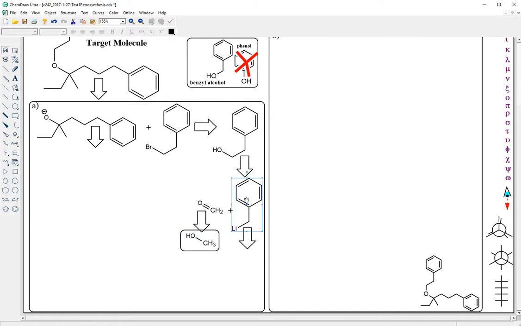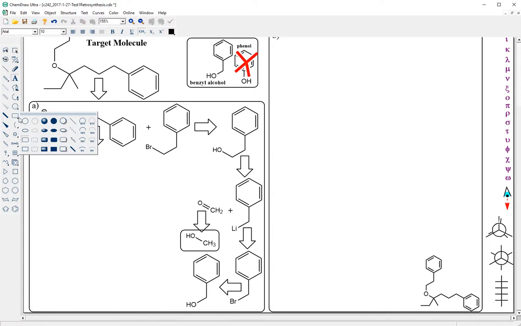Organolithiums can only come from alkyl halides. Alkyl halides, such as this species, come directly from alcohols. Circle it. It's benzyl alcohol. You're allowed to start with it.